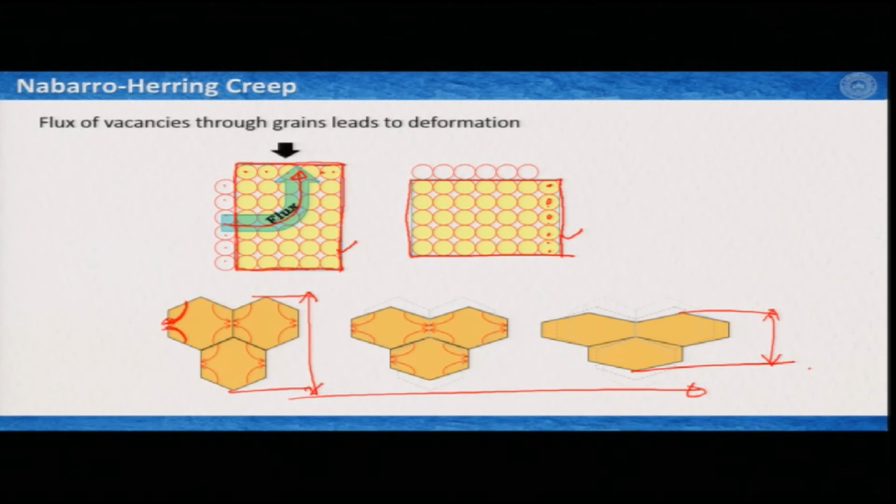So, it essentially got shortened, and on the other side it also got extended. So, elongation on this side and shortening on the other side happened through the process of Nabarro-Herring creep, where the fluxes happened through the crystal.